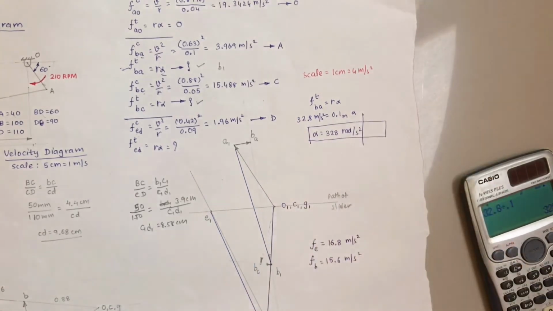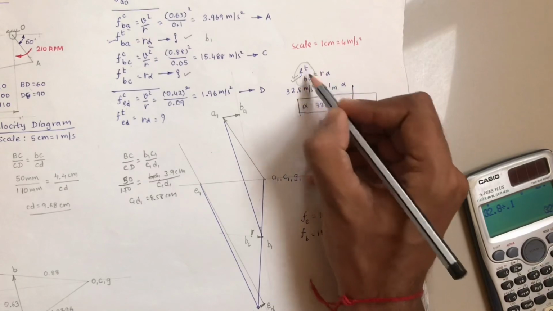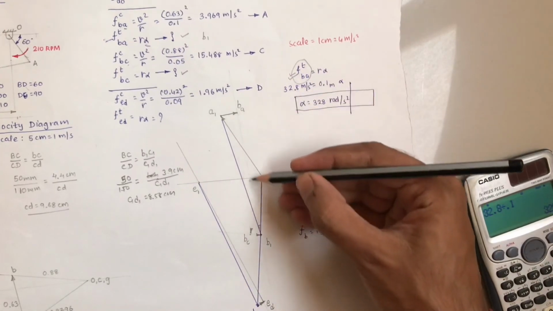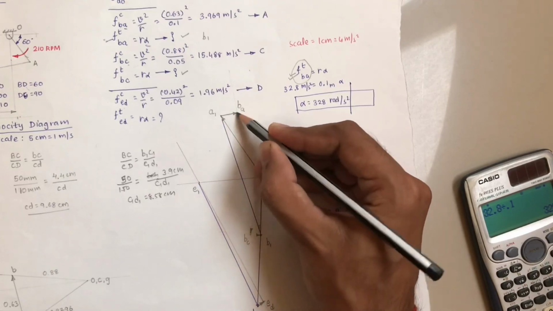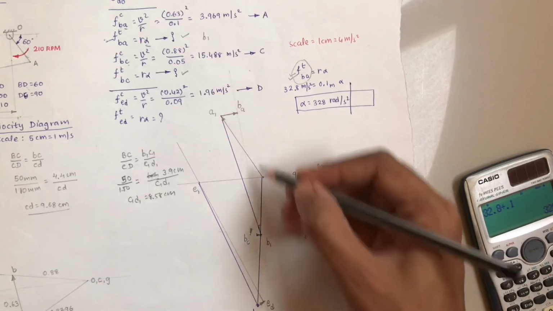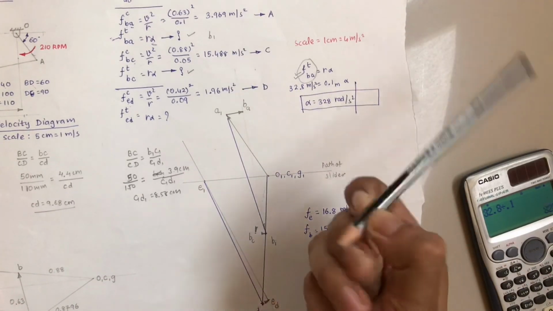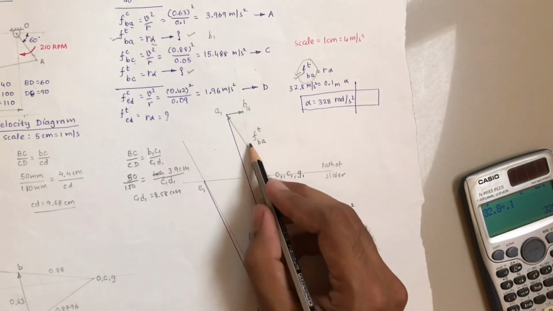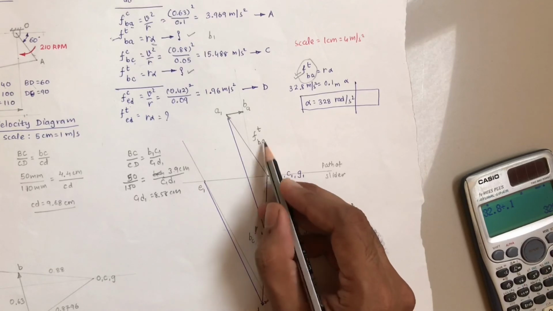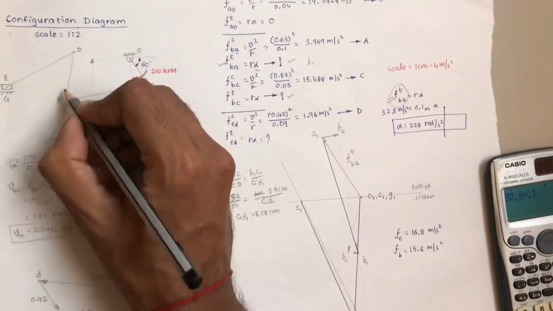We will find the direction also, whether the angular acceleration is clockwise or anti-clockwise. For that you have to consider the same formula. So for the tangential component we draw an arrow towards the downside, because A1 to BA is centripetal, BA to B1 is tangential, so the arrow is downside. So draw the same arrow. That representation is the tangential component of B suffix A, so that is the tangential component of B with respect to A. So draw a downward arrow at the B point.